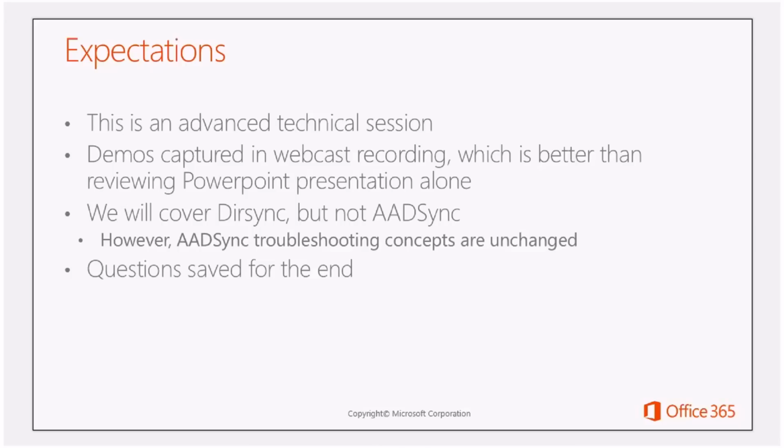And if you license an object for Exchange Online, or if the on-premises object has an Exchange mailbox on premises, you will eventually see that object show up in the Exchange Online directory, which is actually a completely separate forest as well.